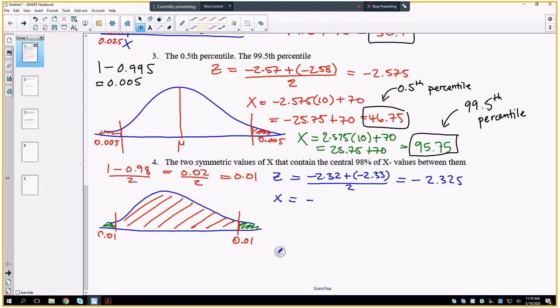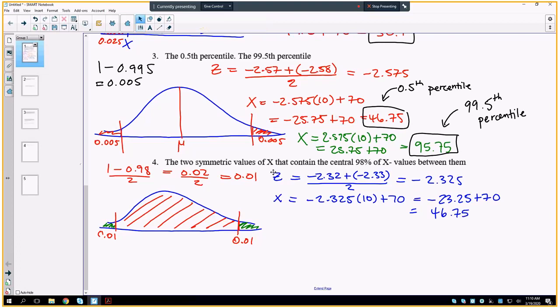So starting with negative 2.325 times 10 plus 70, and I know that that's minus 23.25 plus 70, which is equal to, this one is 46.75. So I apologize up here.